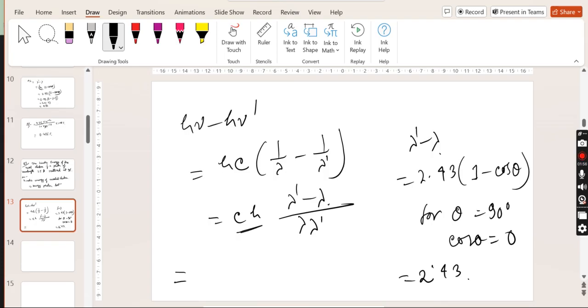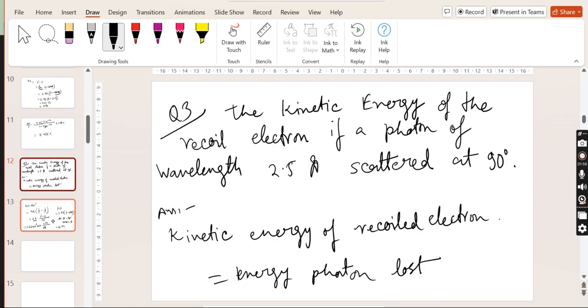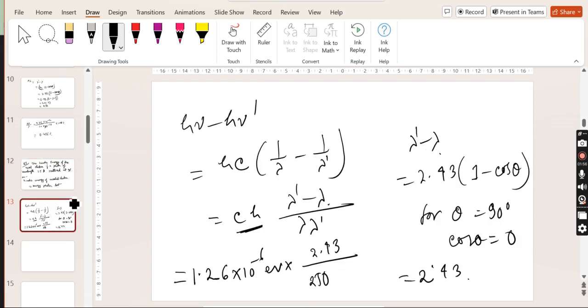We have to put hc value in electron volt. So that will be 1.26 into 10 to the power minus 6 electron volt into 2.43 picometer by 250. Here lambda is 2.5 angstrom, and that will be 250 picometer.